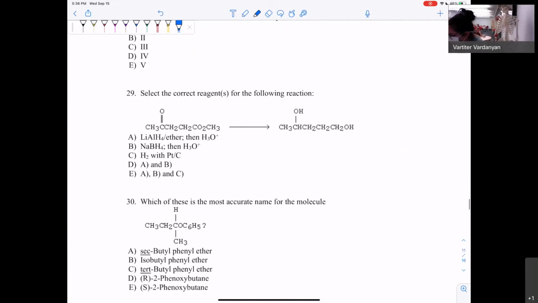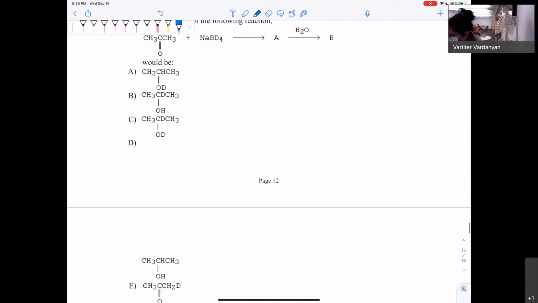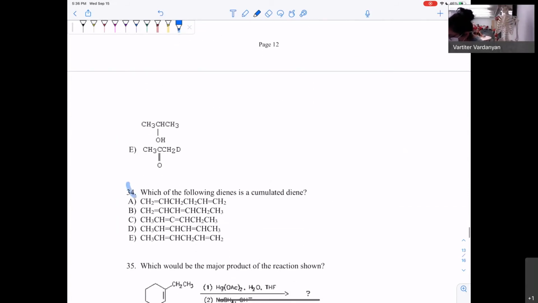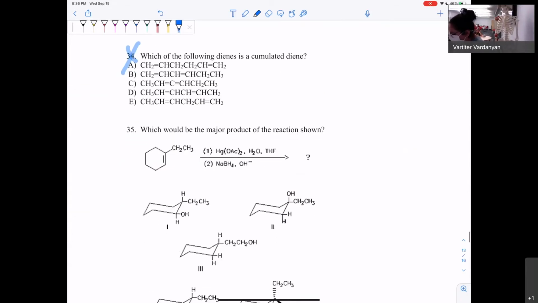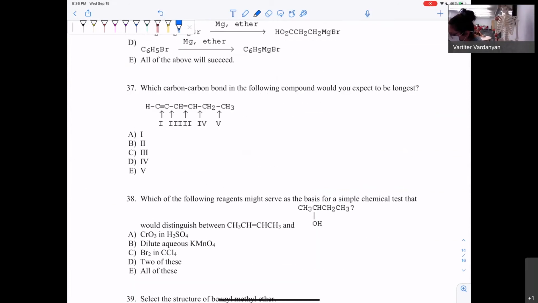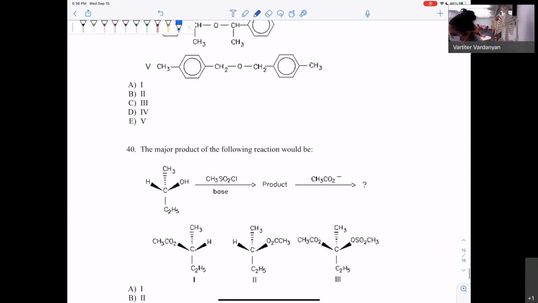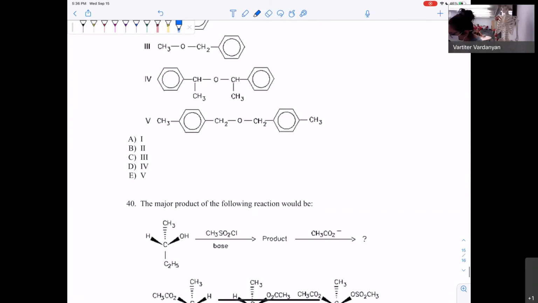We're going to keep them up until 34. That's literally chapter 13. I don't know why it's here. We're going to get rid of 38. And yeah, that's it for now.